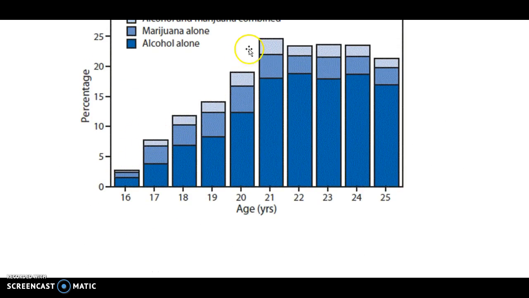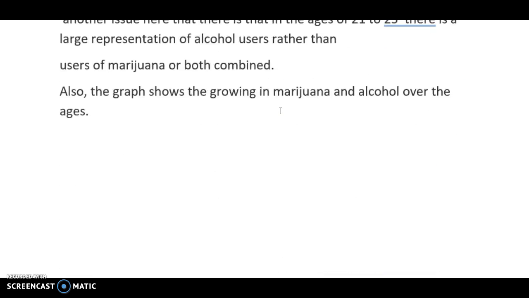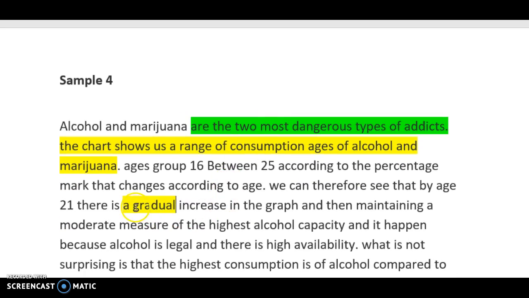It's not really gradual, it's a sharp increase. Here we have a gradual decline, but here this is what we call a sharp increase. So here we don't want the word gradual, we want the word sharp.